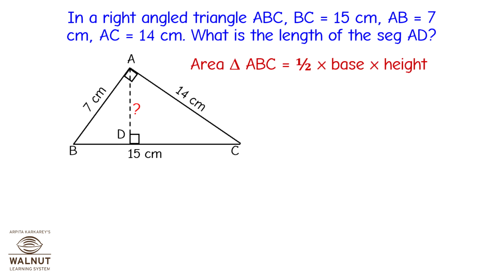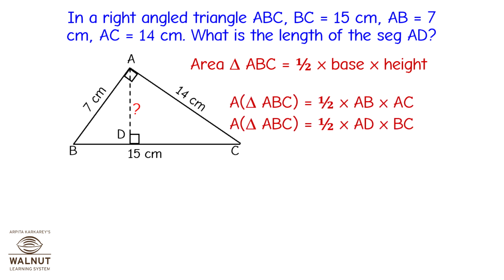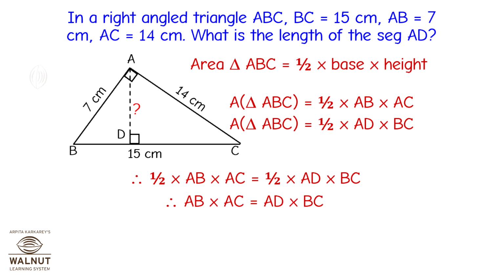Area of triangle ABC is equal to half into base into height, which is equal to half into AB into AC, which is equal to half into AD into BC. Therefore, AB into AC is equal to AD into BC. Therefore, 7 into 14 is equal to AD into 15. Therefore, AD is equal to 6.53 centimeters.